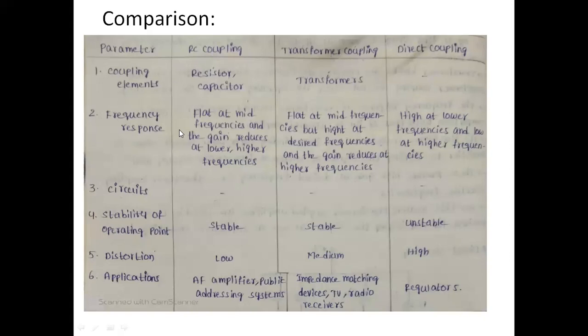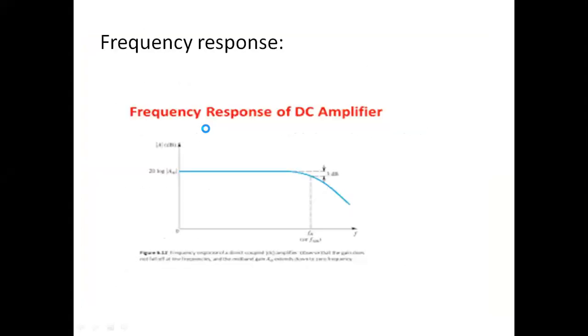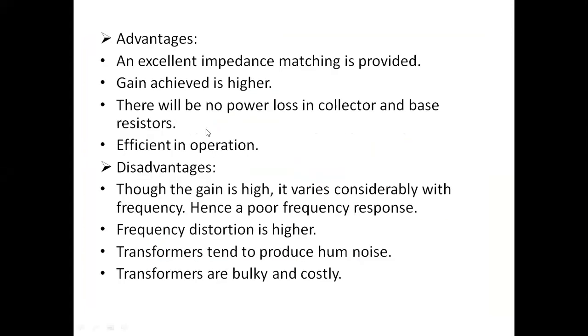So frequency response in RC coupling, we can get some flat response at mid frequencies and gain reduces at lower and higher frequencies. So this is RC coupling frequency response.